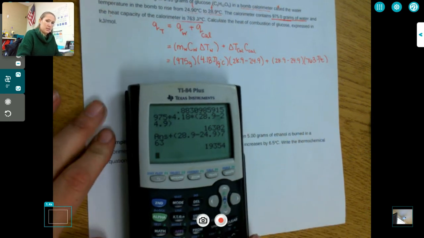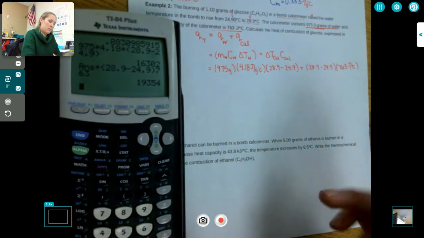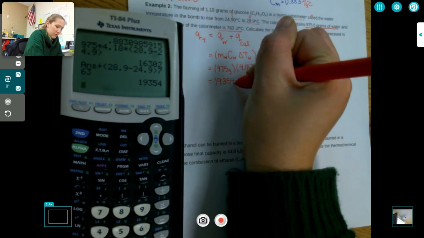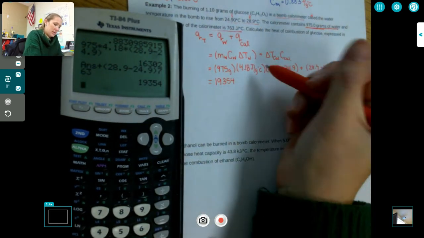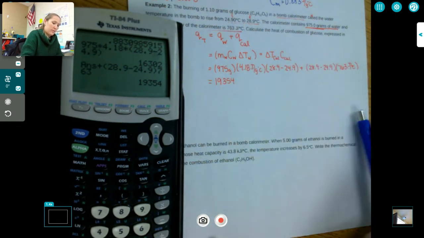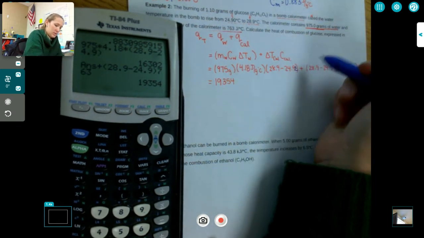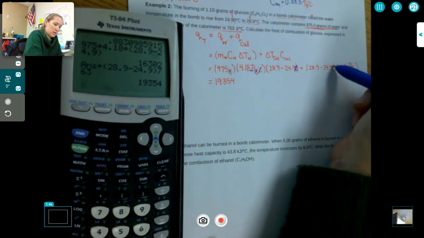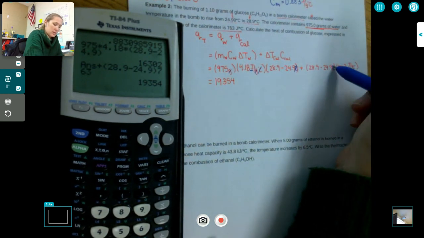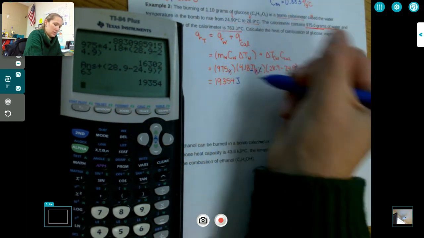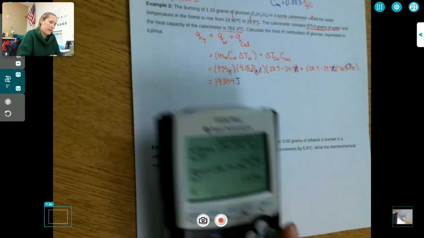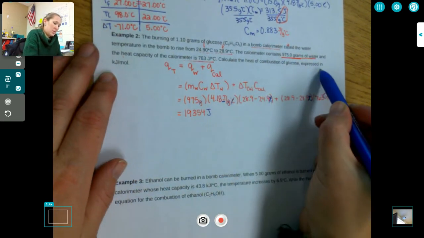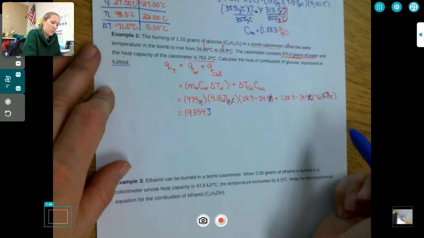And I get this large number, 19354. Units wise, degrees Celsius cancels out, grams with grams, I'm left with joules. Degrees Celsius cancels with this degree Celsius, so this is joules. All right. It asks us to figure out heat of combustion expressed in kilojoules per mole.